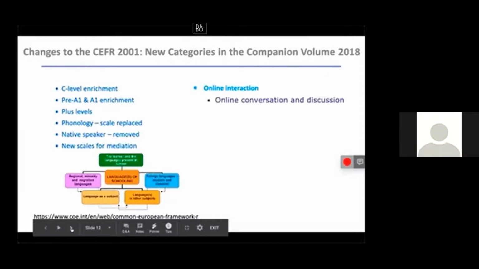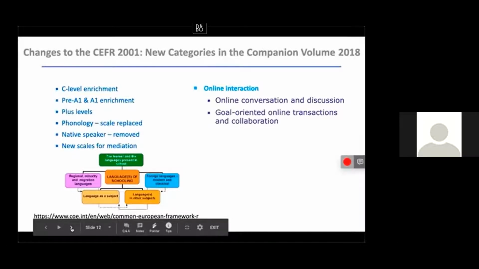I'm now going briefly to introduce you to the new scales that you will be able to access if you access the new categories in the companion volume. The companion volume to the CFR includes new scales for online interaction. Online interaction was not as possible in the 1990s as it is now. Another scale has been added for reading as a leisure activity, referring to extensive reading.